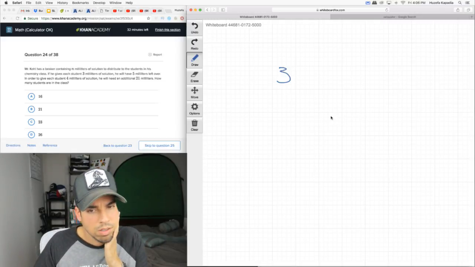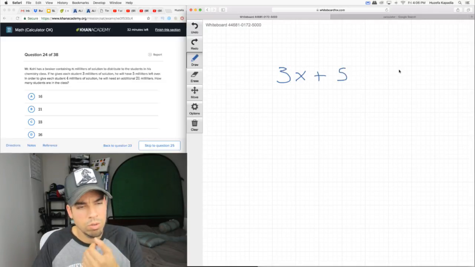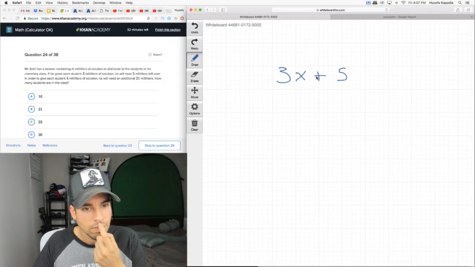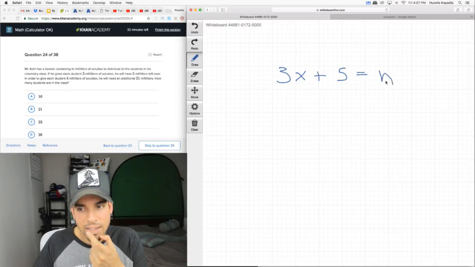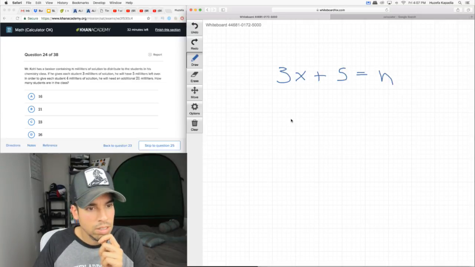Okay. So 3 times the number of students in class plus 5. I'm trying to turn this into an equation. Equals n. Okay, that's the number of milliliters he's got. He's got 3 milliliters per student plus 5 milliliters is the total he has.